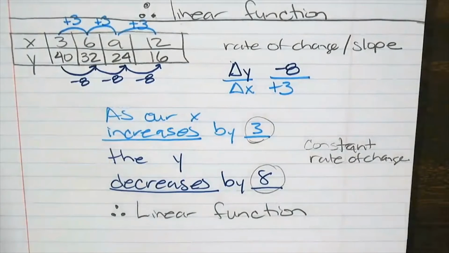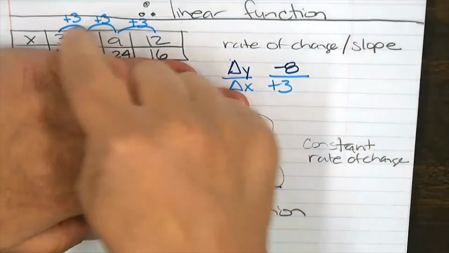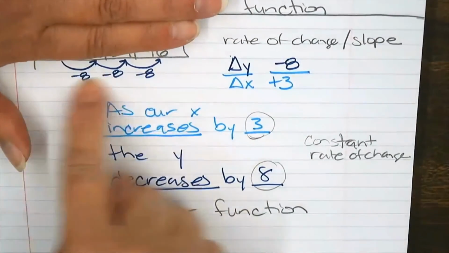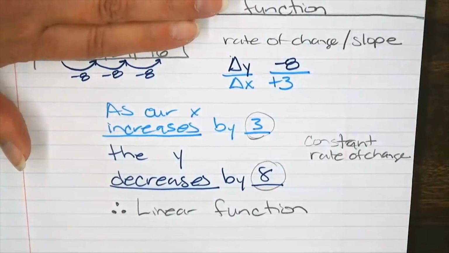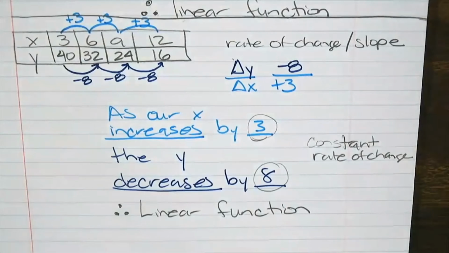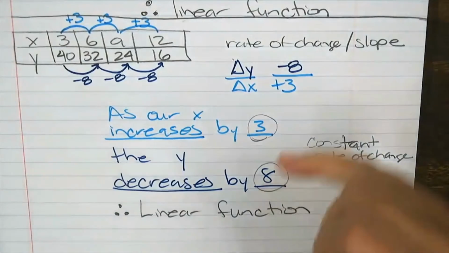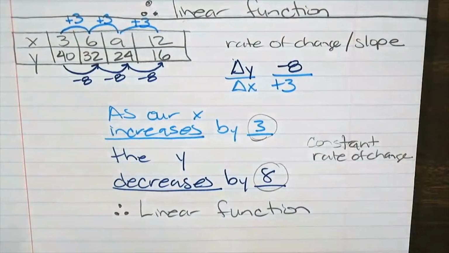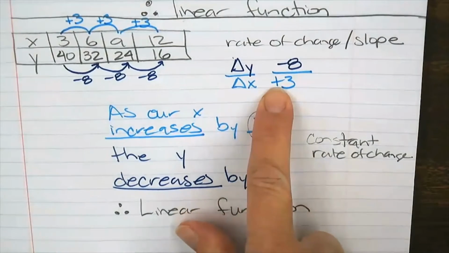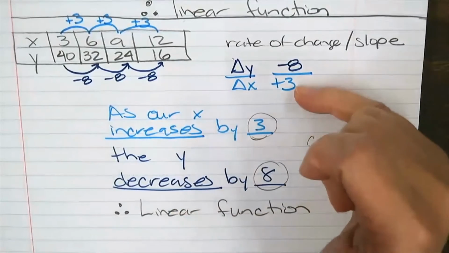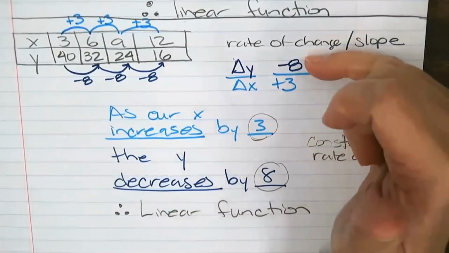Now, when we talk about a constant rate of change, our x's need to be constant and our y's need to be constant. But the x and the y do not have to be the same. As you can see here, my x is increasing, my y is decreasing. And this is increasing by 3 and decreasing by 8.